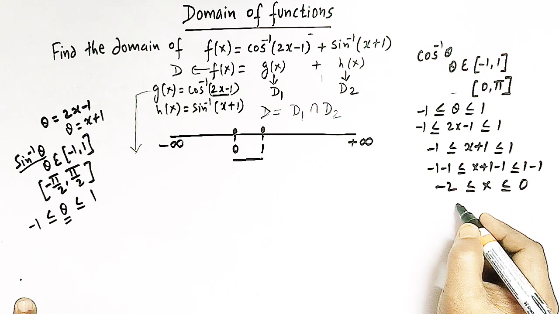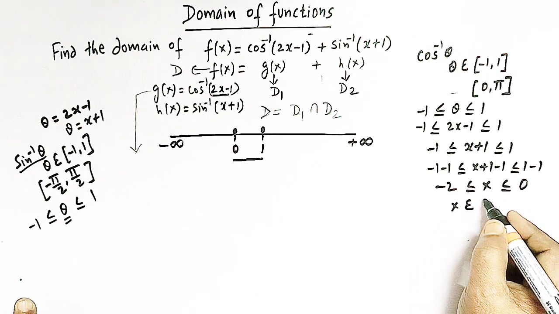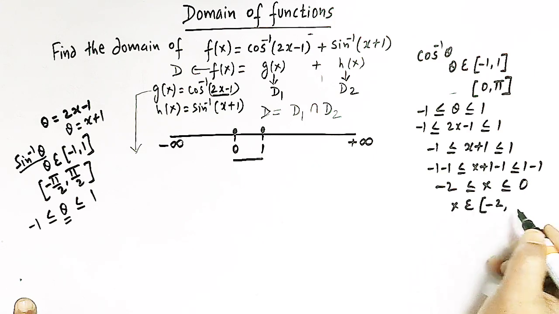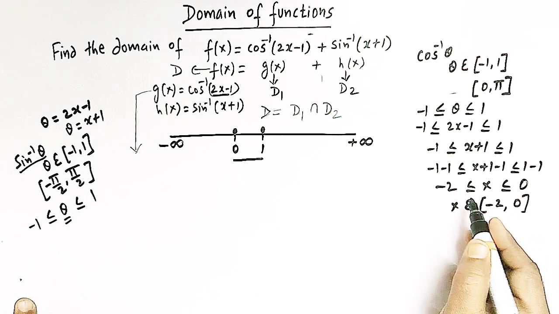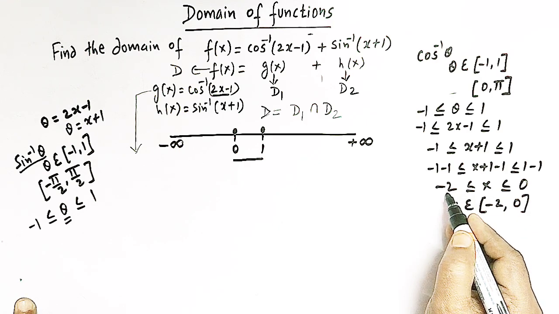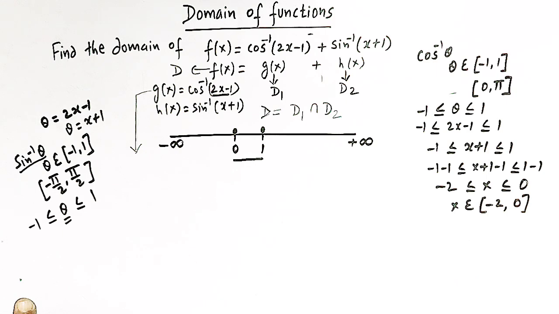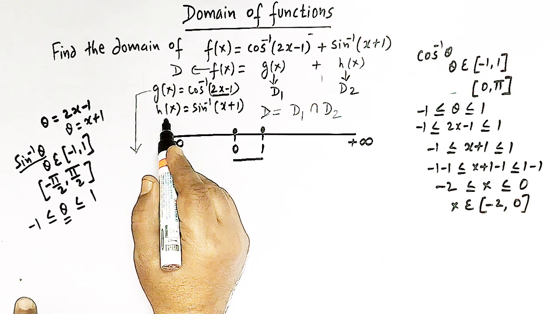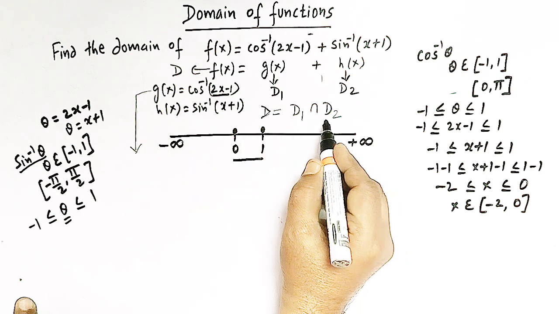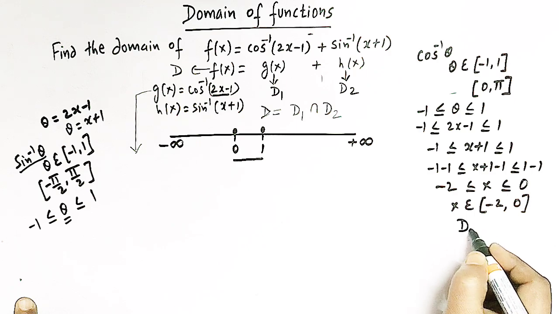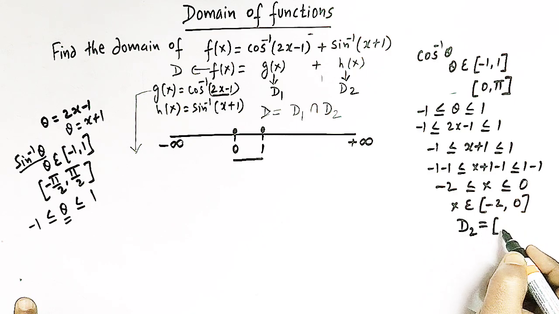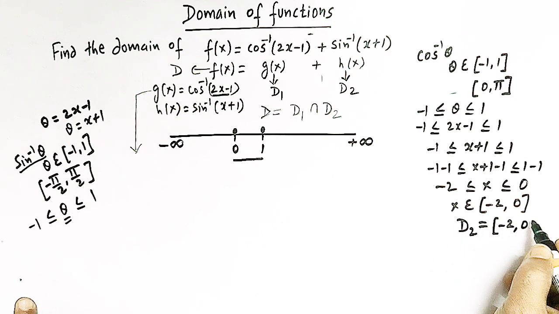So this inequality can also be written as x belonging to the interval minus 2 to 0. And remember, minus 2 and 0, both the endpoints are included. So the domain of this function h of x, that is d2, is given by the interval minus 2 to 0.